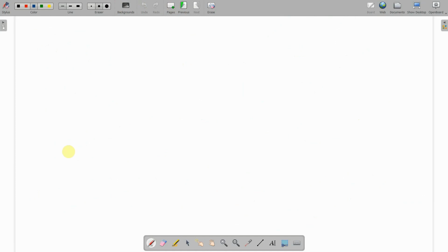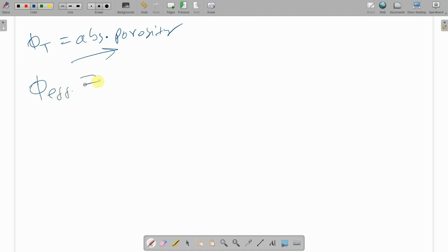Now let's discuss this with respect to reservoir rock. This total porosity I have mentioned is also called the absolute porosity. In the study of reservoir rock, the volume of the interconnected pore spaces is also measured, which is filled up by the recoverable oil and gas, and the ratio of this volume to the total volume is called the effective porosity, phi effective.